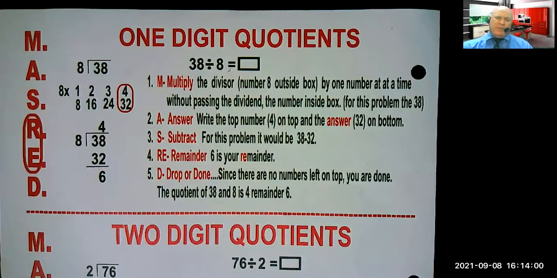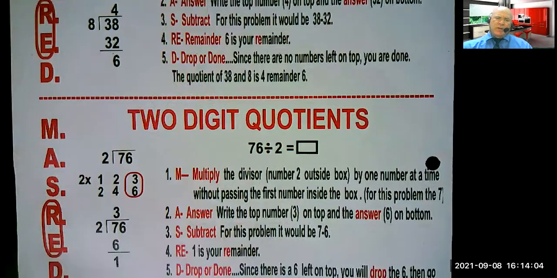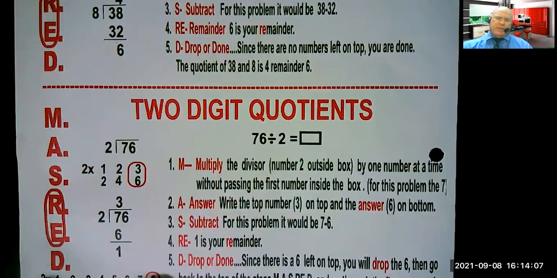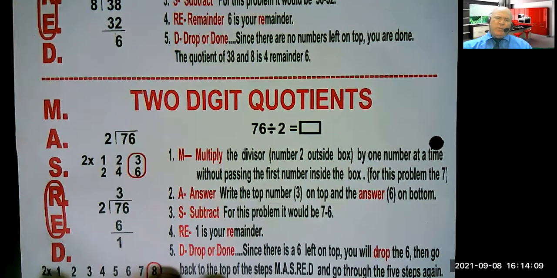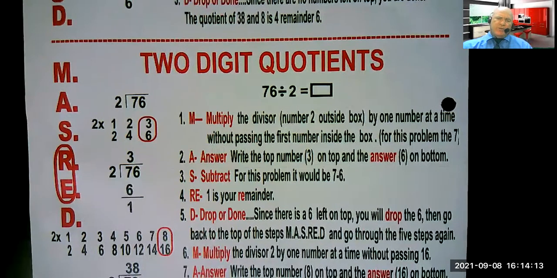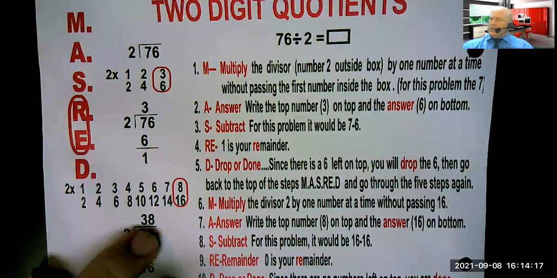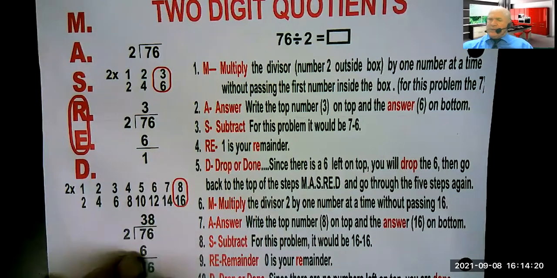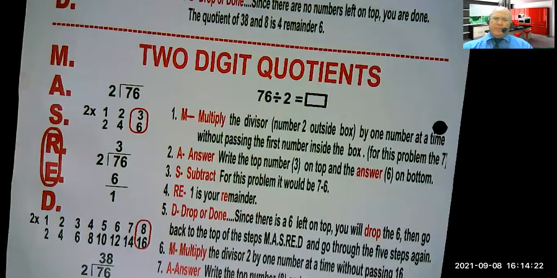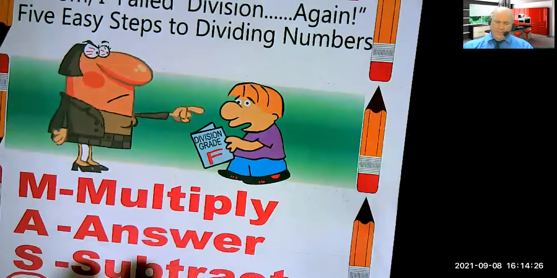And it shows the steps for 2-digit quotients, so that your students will be able to figure out how to solve with 2-digit quotients like you see there. So that'll be pages 37 and 38 of your mathematics posters, for those of you who have them.